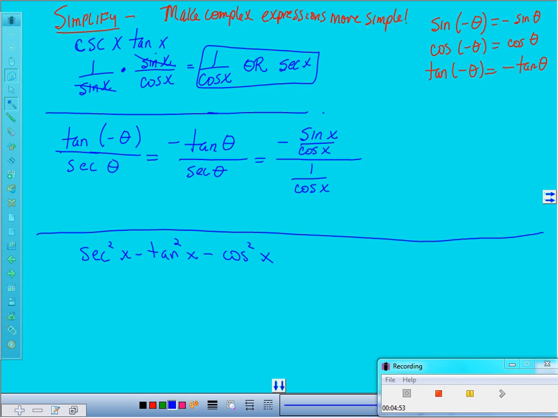So now it's algebra. You have 2 fractions that are divided. We all know that when you divide fractions, it means you really multiply by the reciprocal. So that's what I'm doing. I flip the 1 over cosine into cosine over 1. And oh look! The cosines cancel, and I have now simplified this expression down to a negative sine of x.